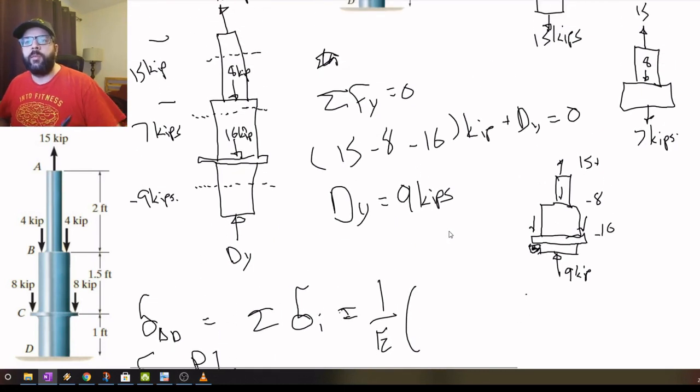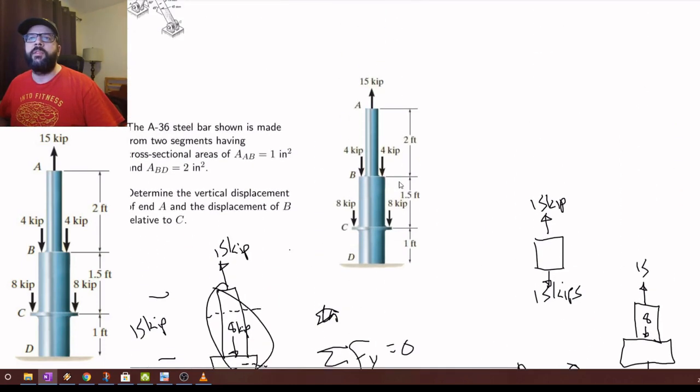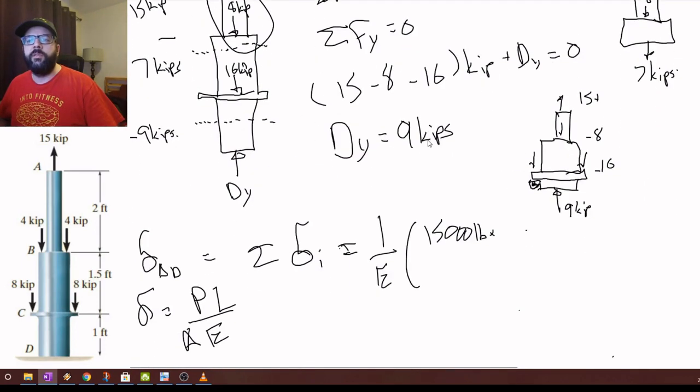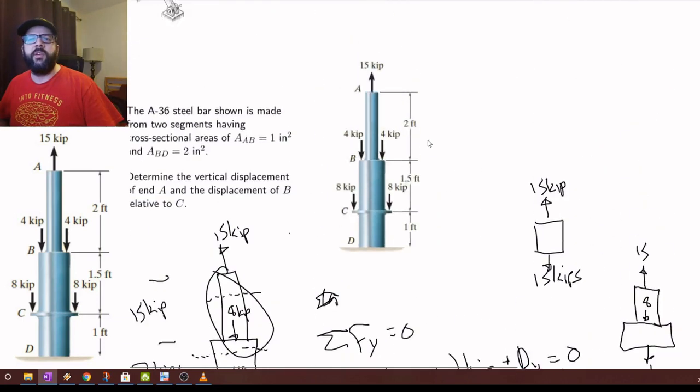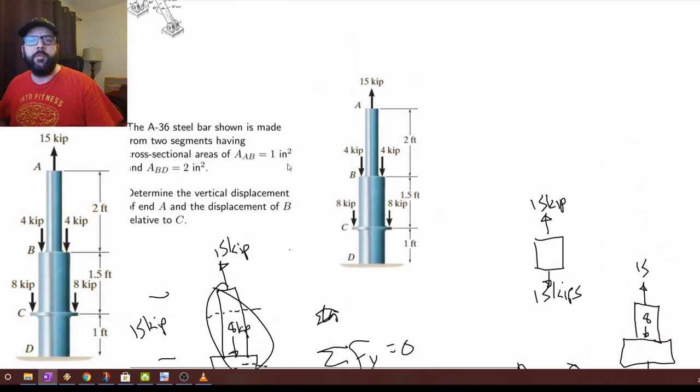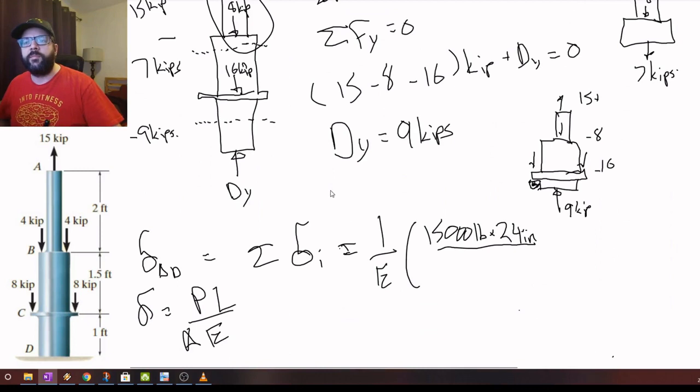So the P term for the first section here, that's going to be 15,000 pounds times the L, which is for that section 2 feet. It's a 2-foot section. I'm going to put that as 24 inches. And then the cross-sectional area for that point is 1 inch squared, divided by 1 inch squared.